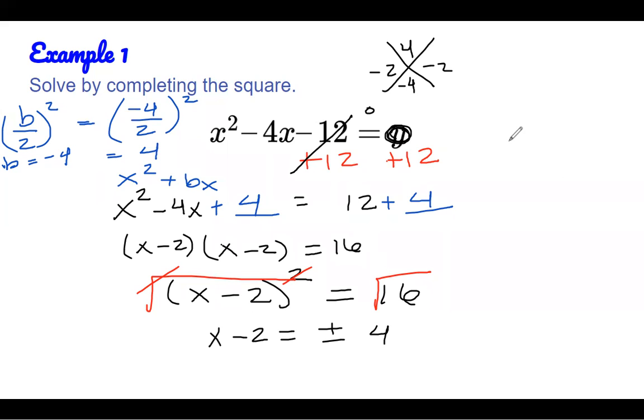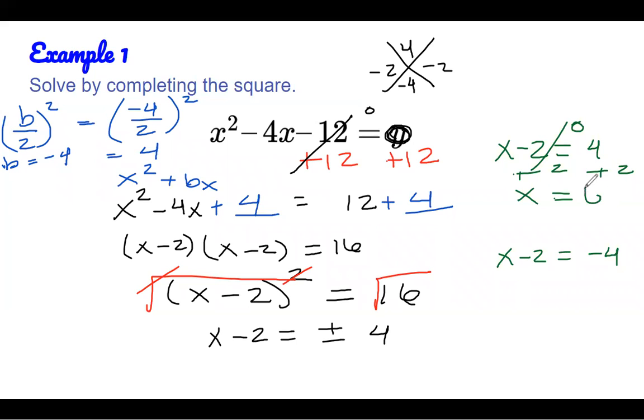My first equation is x minus 2 equals +4. My second equation is x minus 2 equals what? -4. Let's solve for x. Let's see what we get. So we're going to add 2. Add 2, we're left with 0. We're left with x equals 4 plus 2, 6.